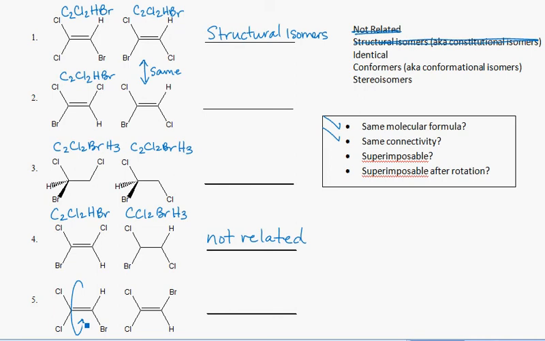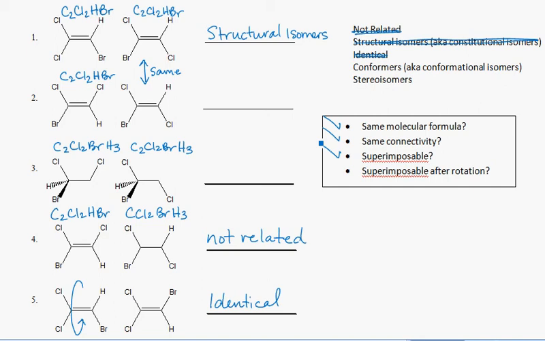The bromine is now on the top and the hydrogen's on the bottom side of the molecule, and everything will match up. So notice I didn't do any rotation. My little arrow is indicating that we're taking the entire molecule, scooping it up like we're scooping up a pancake, and flipping it over. Because we've done that without rotating any bonds, without breaking any bonds, these molecules are superimposable, which means we have found our pair of identical molecules. We asked the question if they're superimposable, and we found the pair that are.